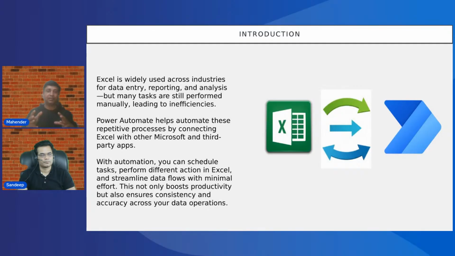Depending on the requirement, whether it's inserting data, retrieving data, updating data or deleting, we can have different options. For example, maybe we can schedule a job which will run in the background on a schedule, and at that particular point in time it will perform a set of actions that we configure in Power Automate.